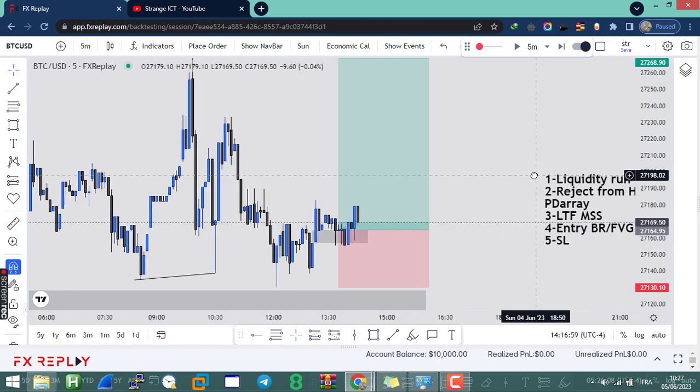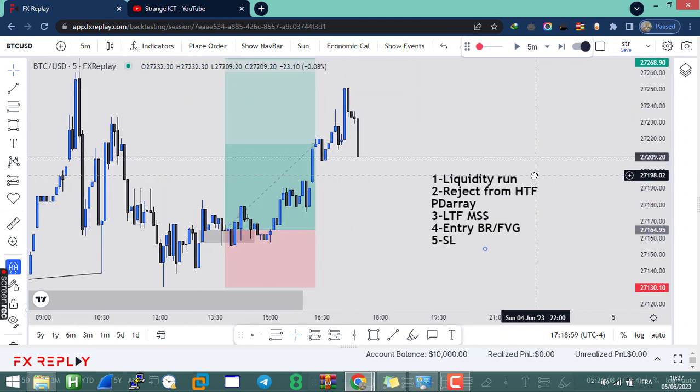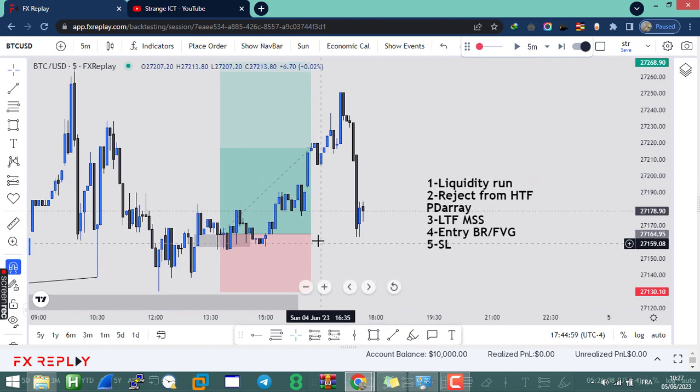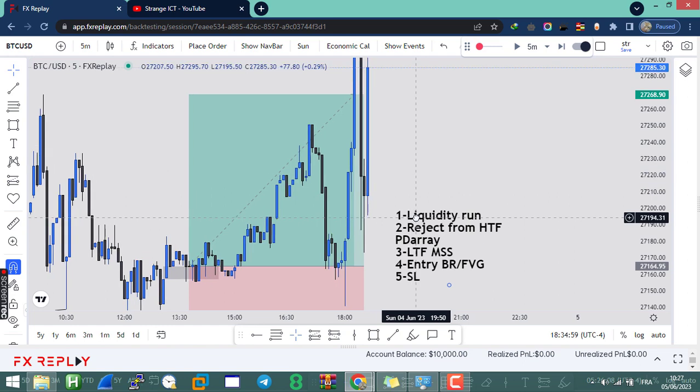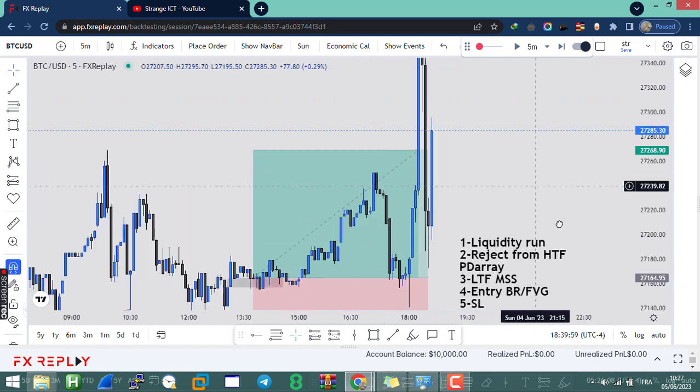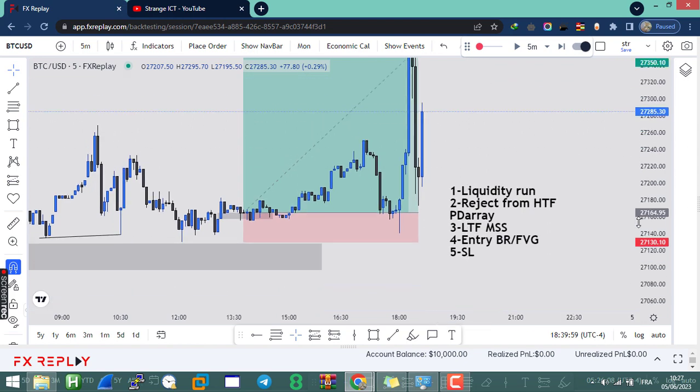So we are in, and as you can see, price hit TP and more. Actually, that was more.